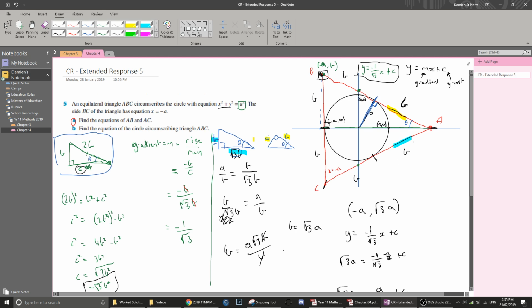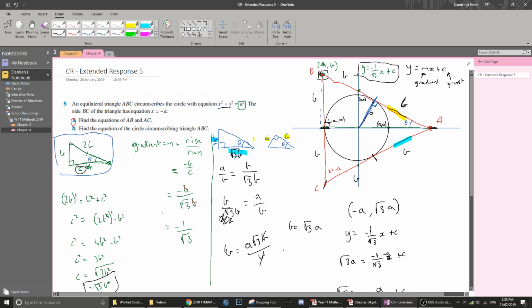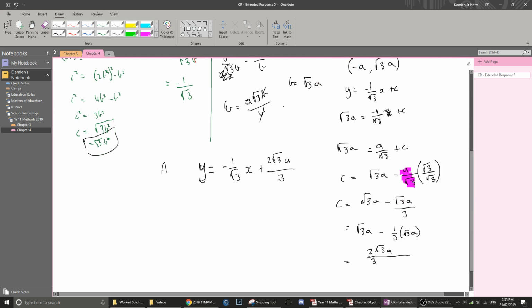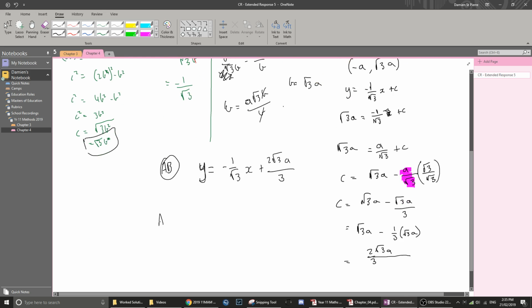This line here will have the exact same gradient, but instead of negative it will have positive, and the y-intercept instead of positive will be negative. So that was the line for AB. The line for AC is going to be y equals positive gradient x and then a negative y-intercept.